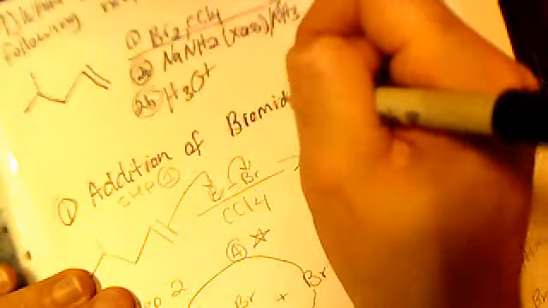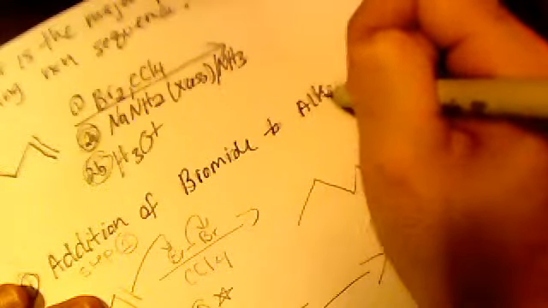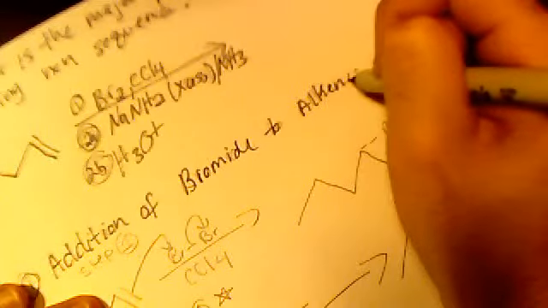Addition of bromine to alkene. So it's 2 steps. So we have step 1. In step 1, the pi bond acts like a nucleophile, gives its electrons to the bromine.